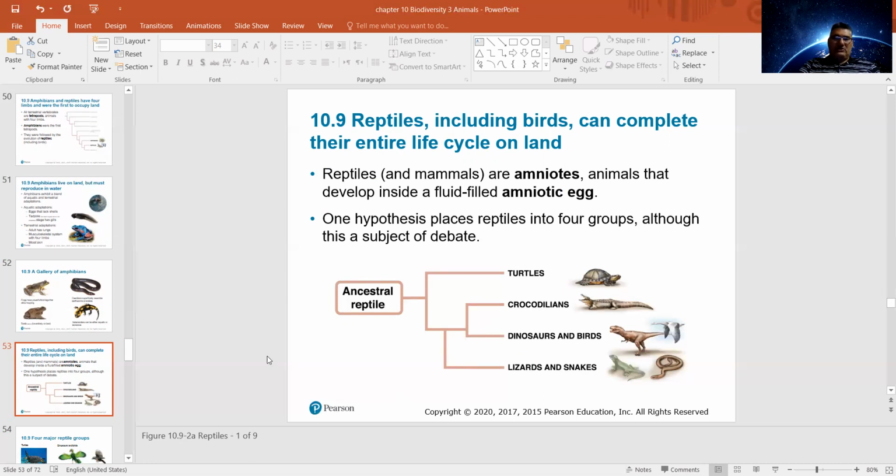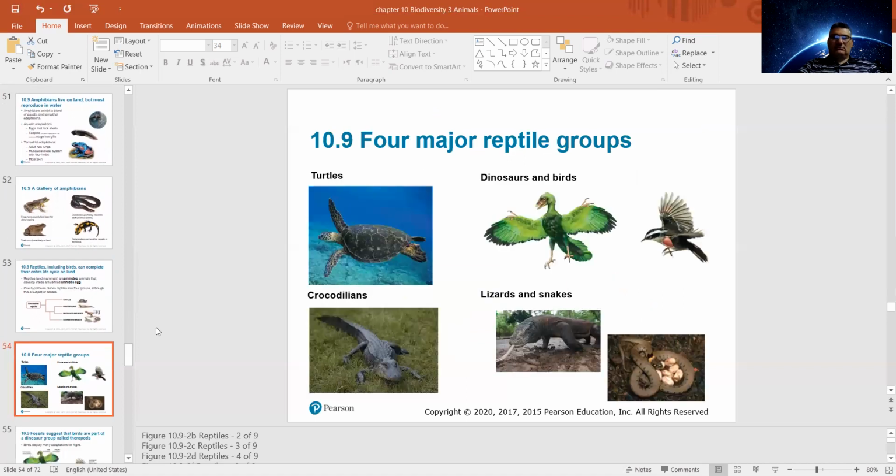So there are four types here that came from the ancestor reptiles. So here are examples. Turtles are reptiles. Dinosaurs and birds are reptiles. Crocodilians are reptiles. Lizards and snakes. These are all reptiles.